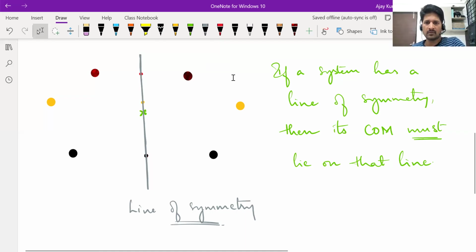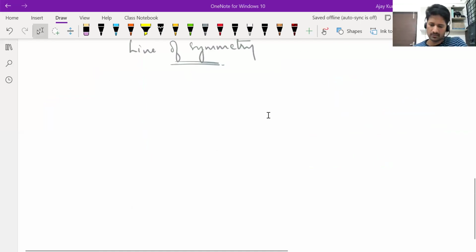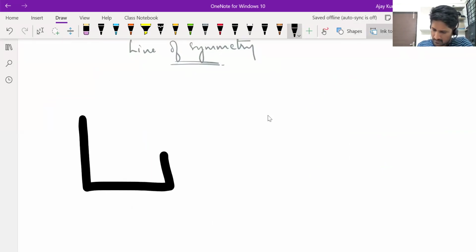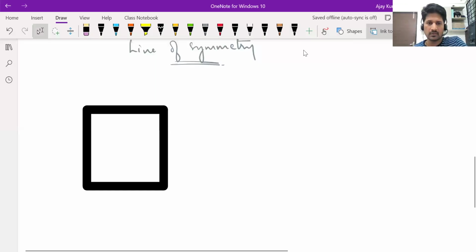Yes, sir. Okay. So suppose there is a square frame. Where will its center of mass lie?